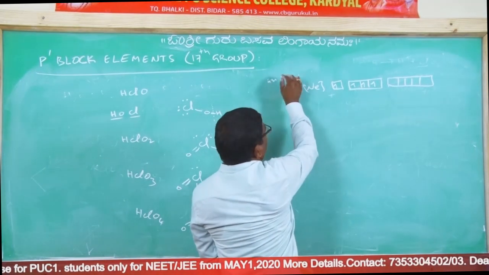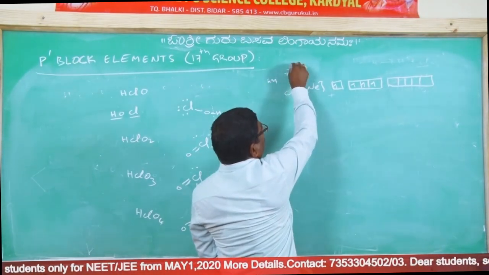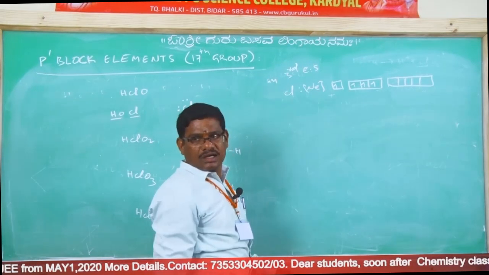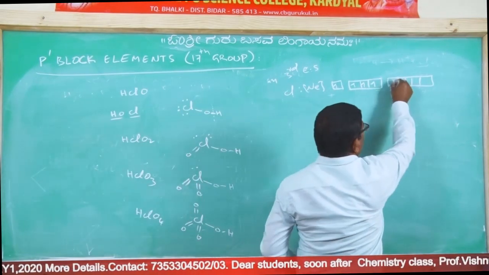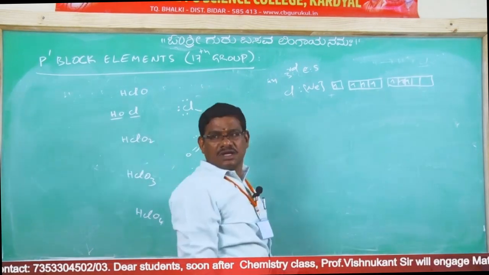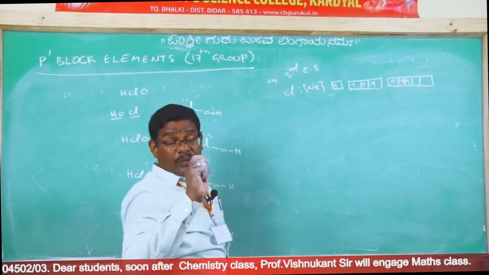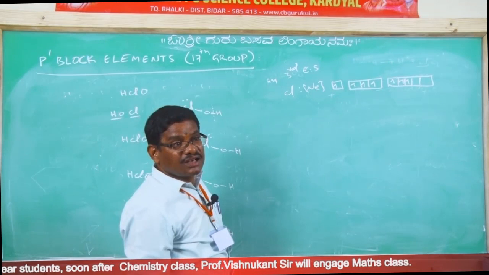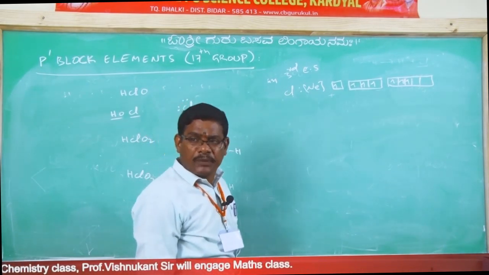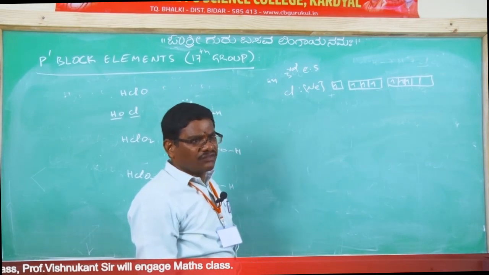Therefore, the chlorine electronic configuration in the third excitation state will become like this only. Correct? In these, how many bond pairs of electrons are there? 4 bond pairs, with 3 lone pairs of electrons.